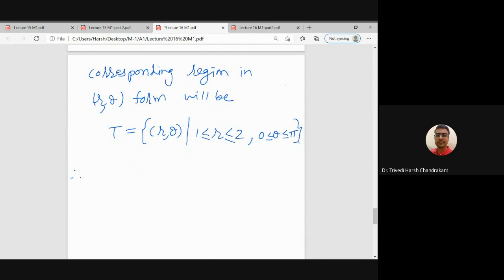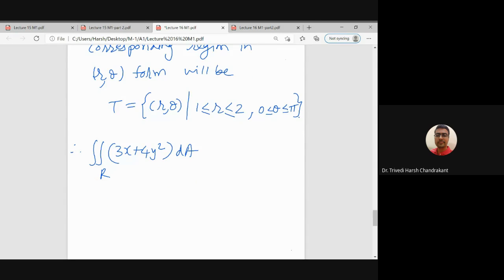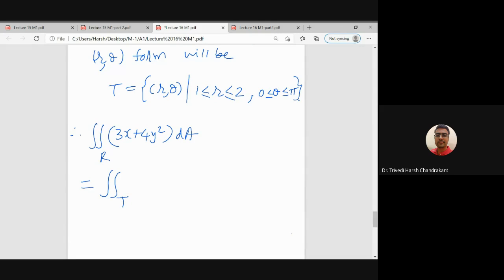Therefore the given integral, the double integral over R of (3x plus 4y) square dA, will become the double integral over T of the function (3 times r cos theta plus 4 times r sin theta) square, times the Jacobian r, dr d theta.